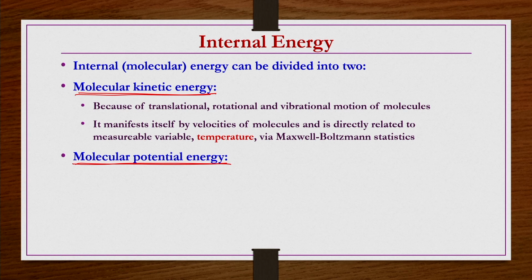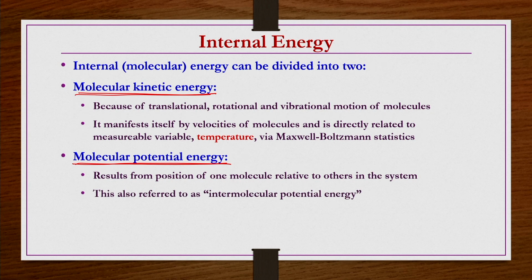It is associated with the relative motion between the molecules. At the molecular level, it results from the position of one molecule relative to the others in the system. This is also referred to as intermolecular potential. In an ideal gas system, molecules are far away from each other. But when you increase the pressure, these molecules obviously come close to each other, and because of the relative position, intermolecular potential will be developed.